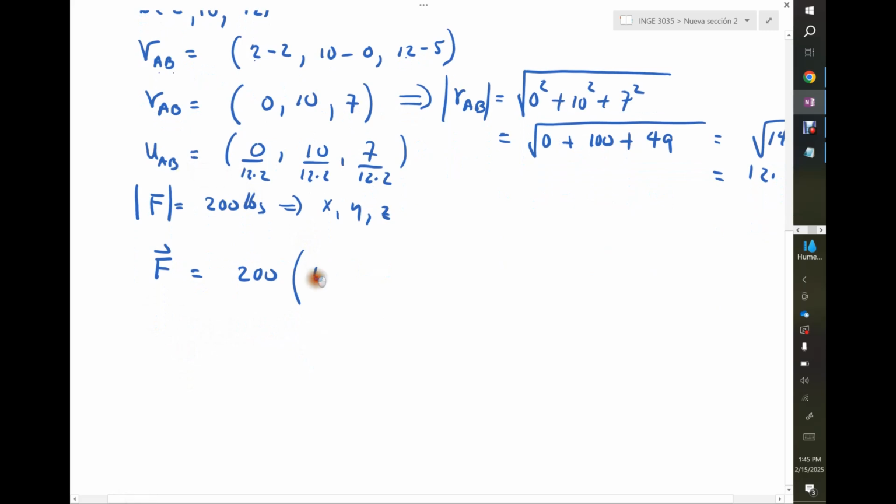in this case in the X axis is 0, I have nothing there, but then on the other axis, like in the Y axis, it's going to be 10 over 12.2 and 7 divided by 12.2.